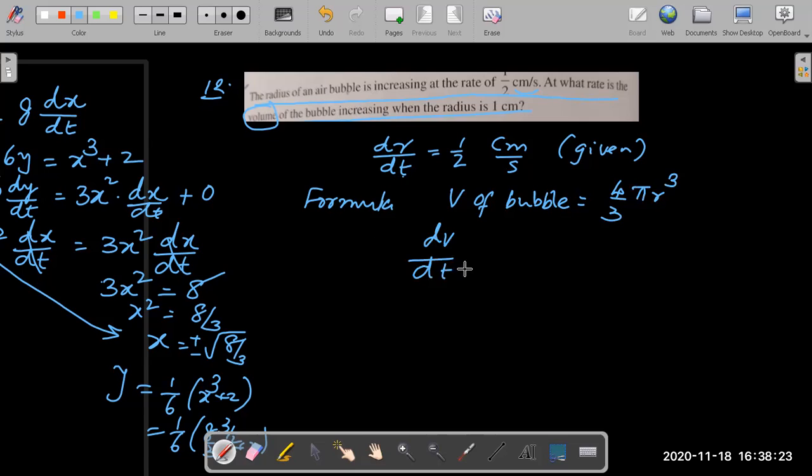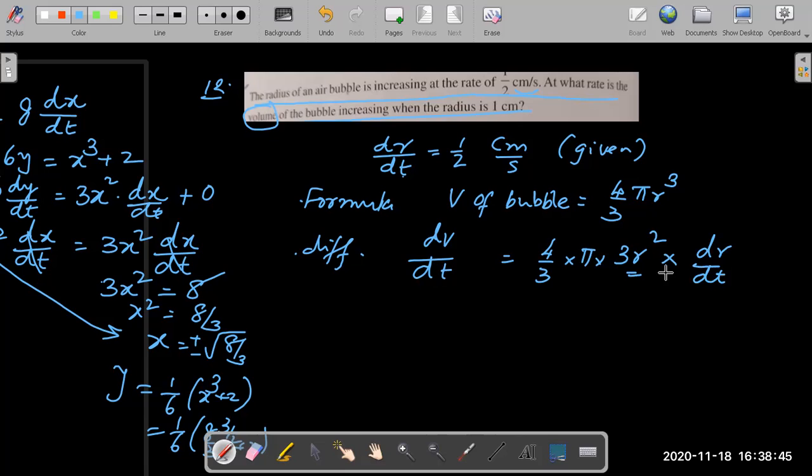This is the differentiation part, the second step. The third step should be substitution. So dv by dt, this is the left side. Right side will be 4 by 3 into pi into 3r square, chain rule, dr by dt.